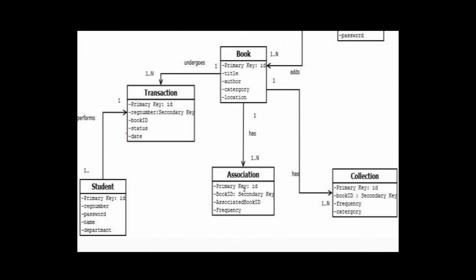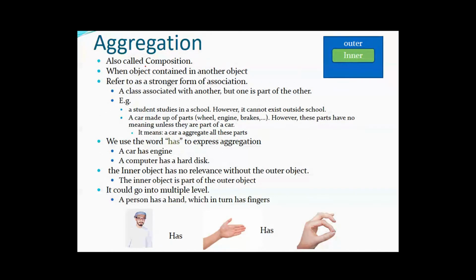This is an example that shows the relationship. For example, here, 1 to what? The head is part of the person. Okay, aggregation is part of. Is what? Part of relationship. Part of.